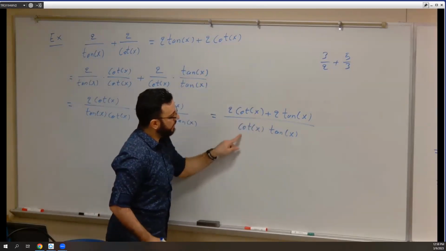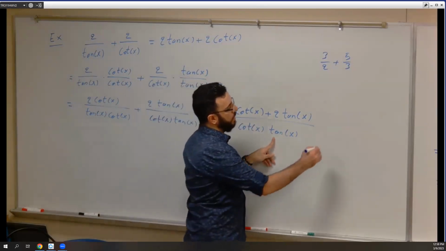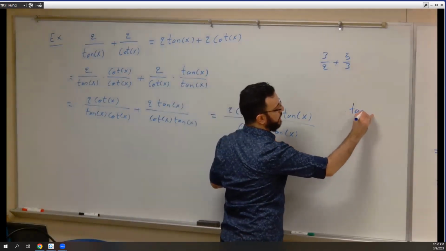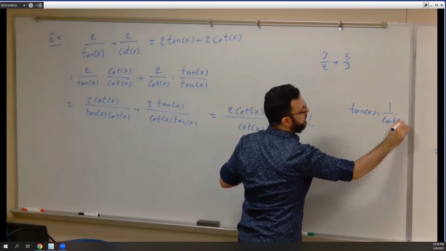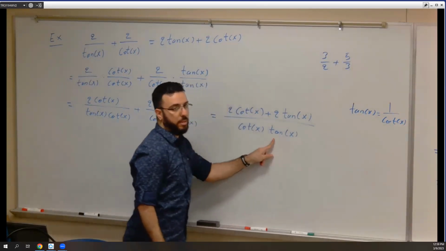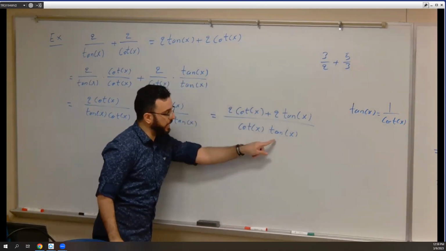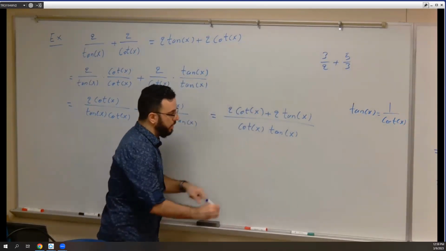Now, how are we going to cancel these? Remember, we have tangent x equal what? 1 over cotangent x. Can I plug in 1 over cotangent here?